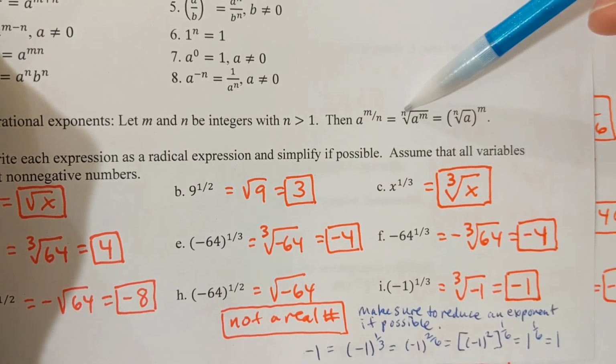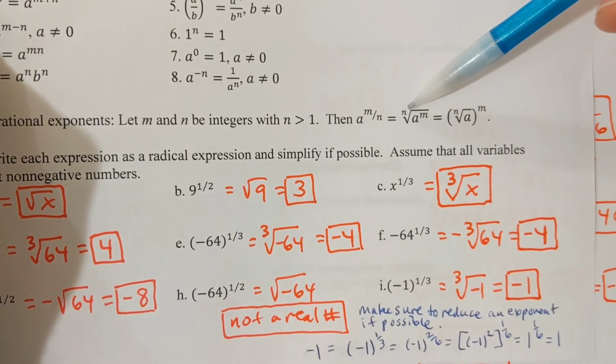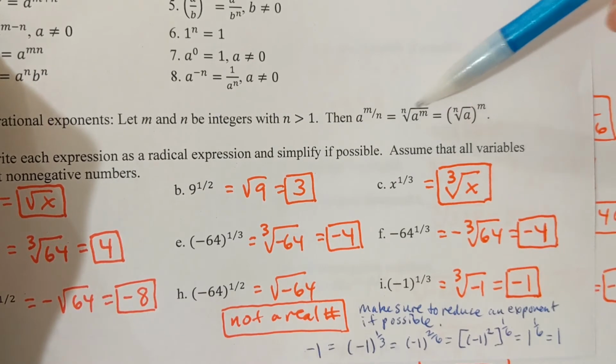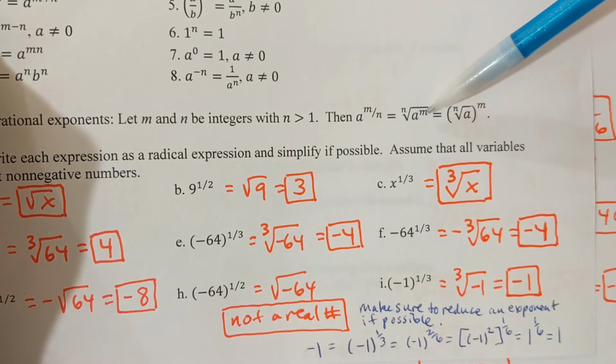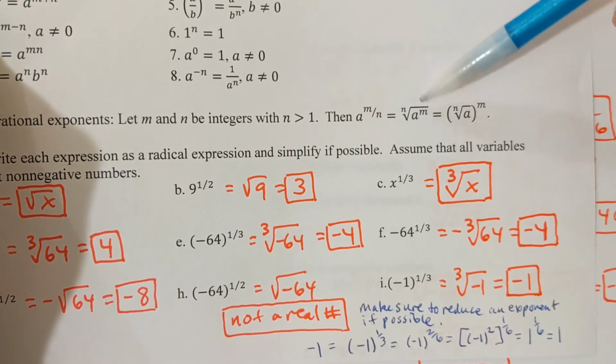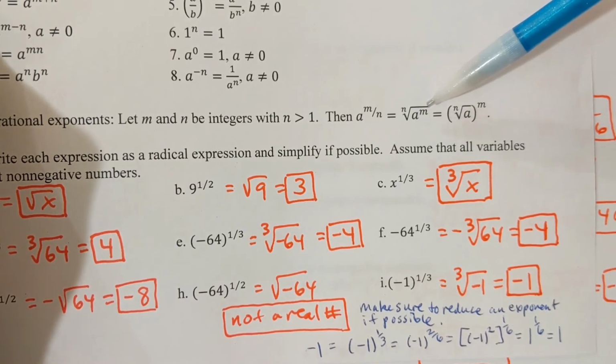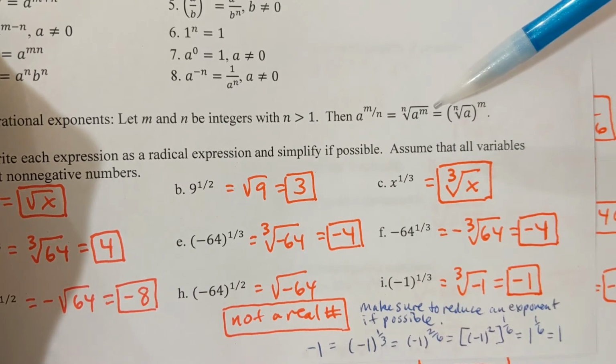Now, an index of 2 means that you have a square root. So I'd want to look at this as the square root of 9 to the 5th. Now, 9 to the 5th is a really big number that I don't know off the top of my head. I'd need a calculator for that.